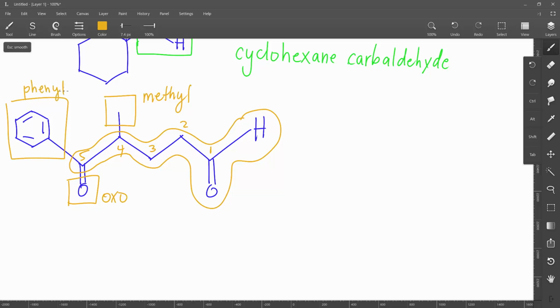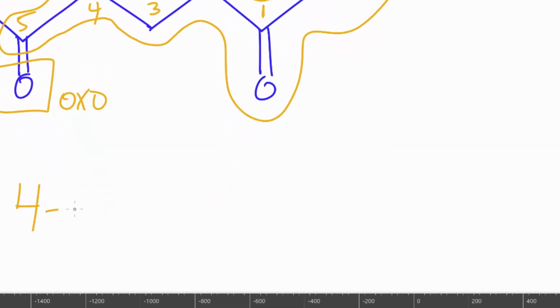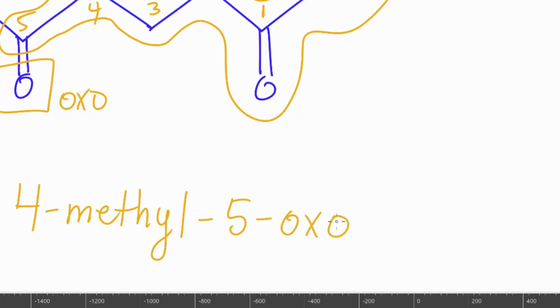So I just need to put those in order. It's going to be 4-methyl, 5-oxo, and 5-phenyl.